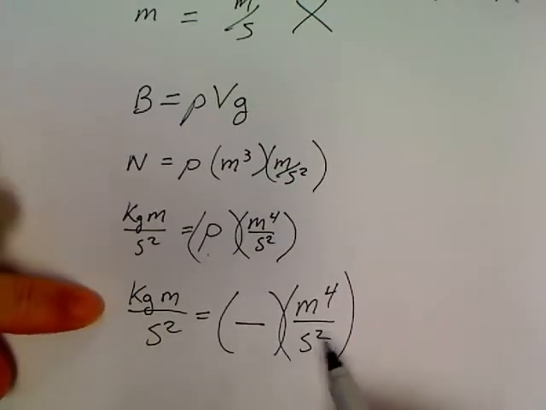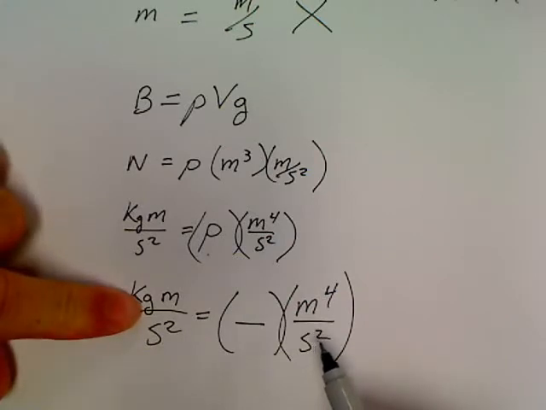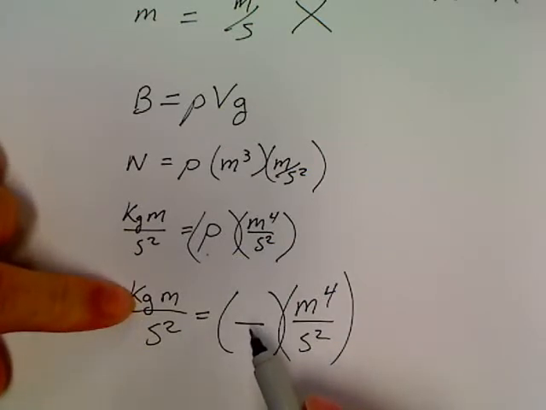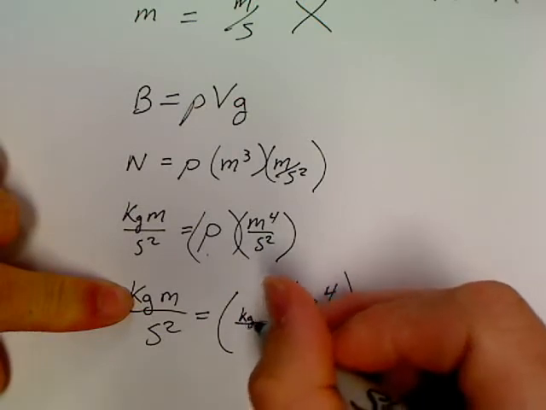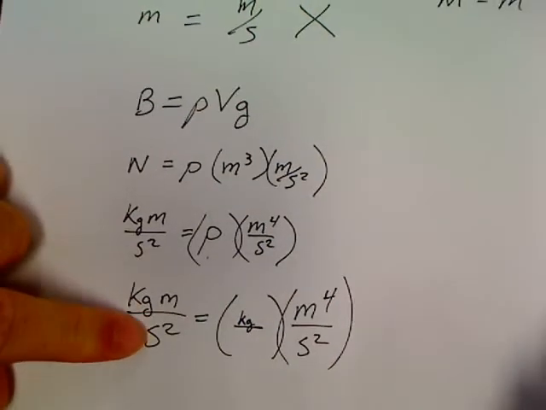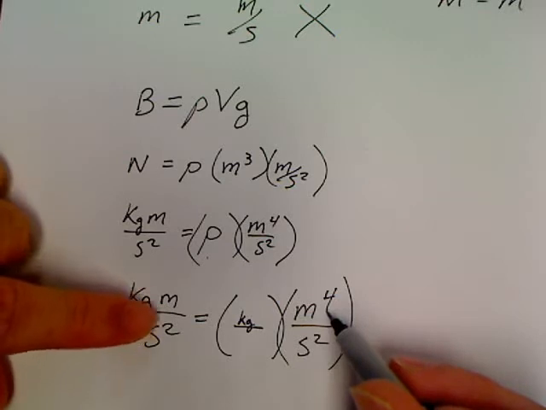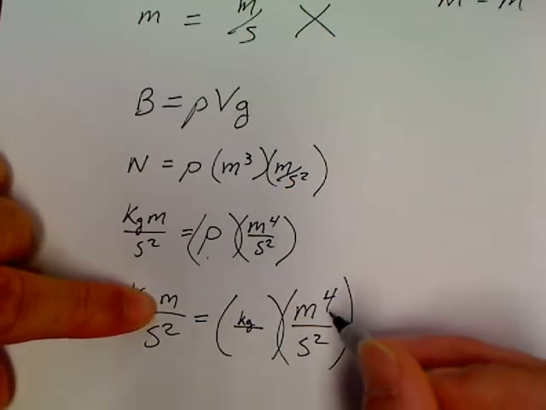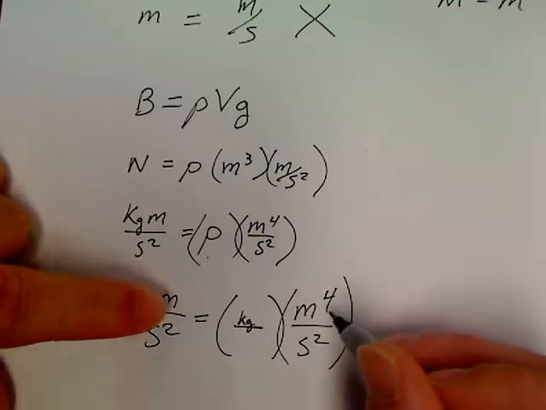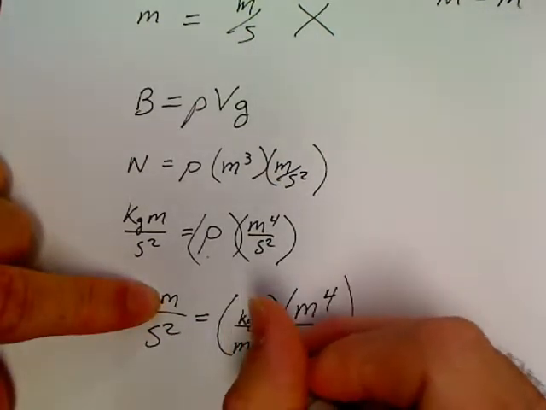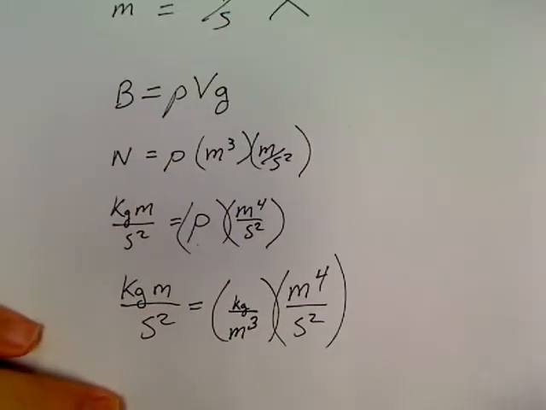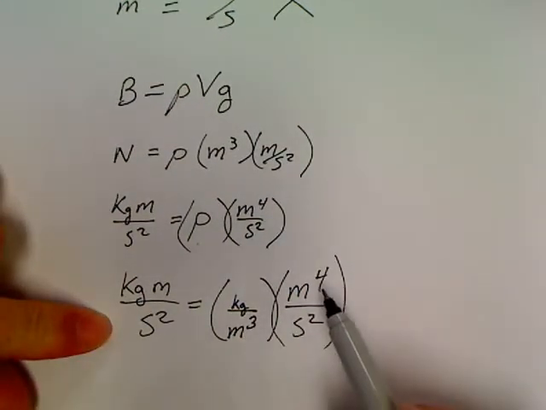First off, there's got to be a kg because this side has a kg. Now, s squared, that's good. So what would have to cancel this m^4 so that there's only a meter left? Well, the only thing that would cancel m^4 to just an m is m cubed. So m cubed cancels that to just an m over s squared.